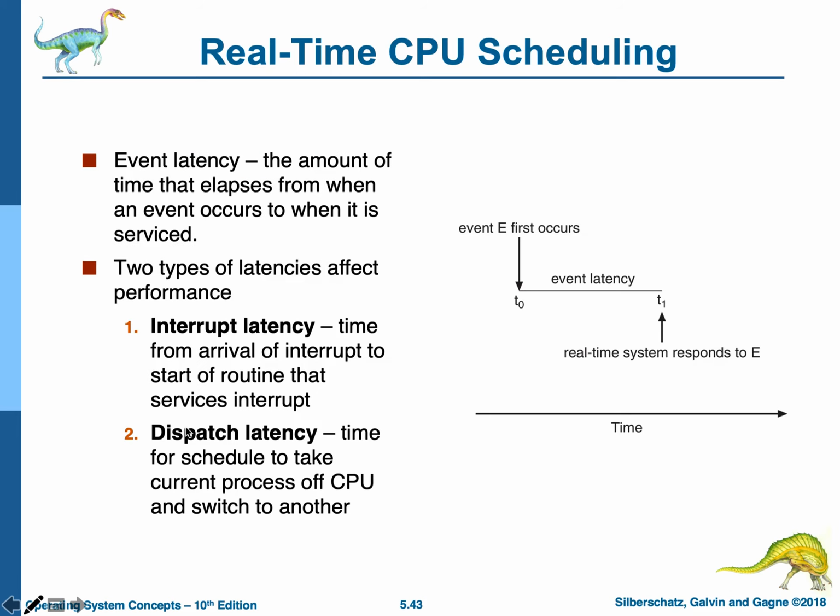And there is latency. Two types of latencies affect performance: the interrupt latency and the dispatch latency. The interrupt latency is the time from when the interrupt has occurred, and the dispatch latency is how long it takes to dispatch, to start the process.